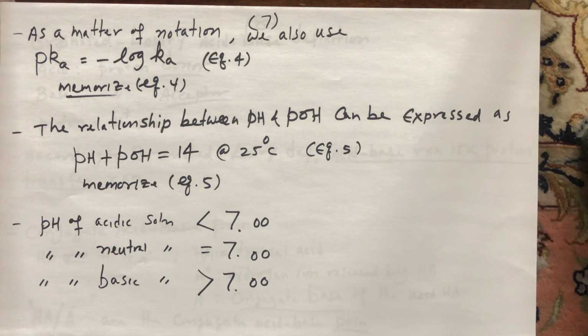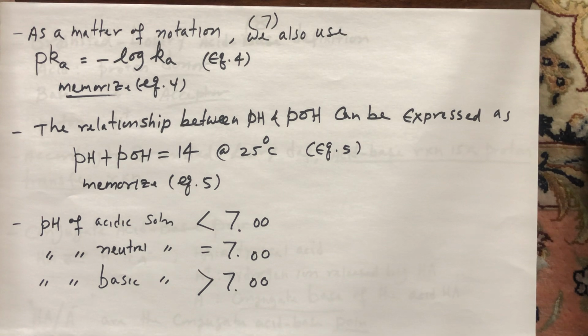So when you take the negative log of Ka, what we get is pKa. This will save us time, and many times we are going to use it in chapter 19 for the calculation of pH for a buffer reaction. So let's be familiar with this notation that the negative log of Ka will be noted as pKa.